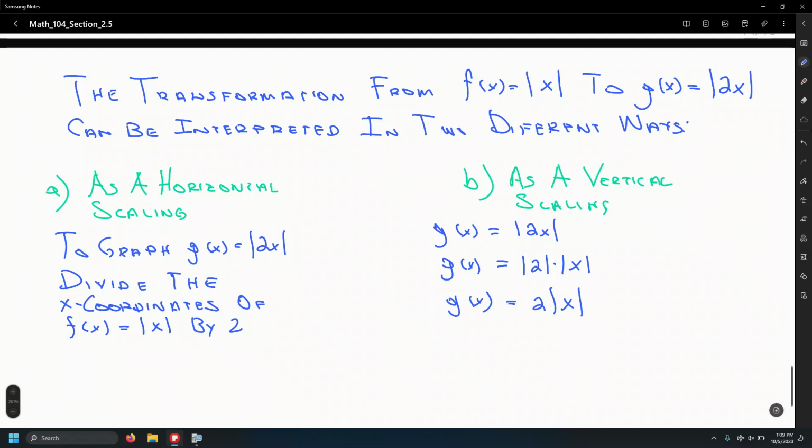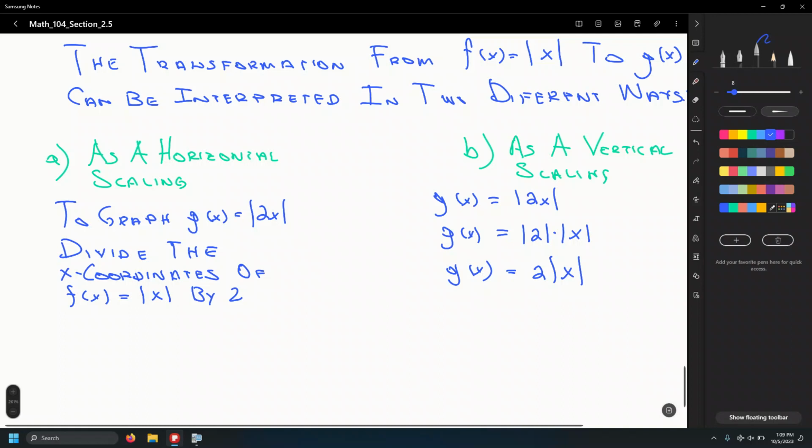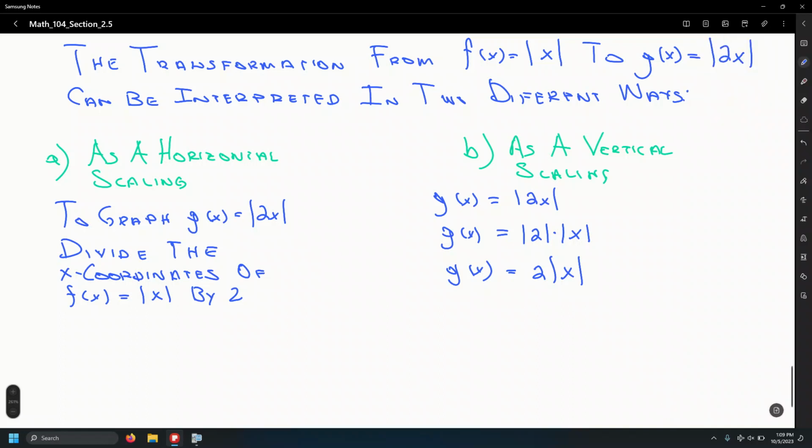Now, did you see that the coefficient is multiplying outside of the function? Looks like the a times f of x. So in this case, the other way to do it is to graph g of x.